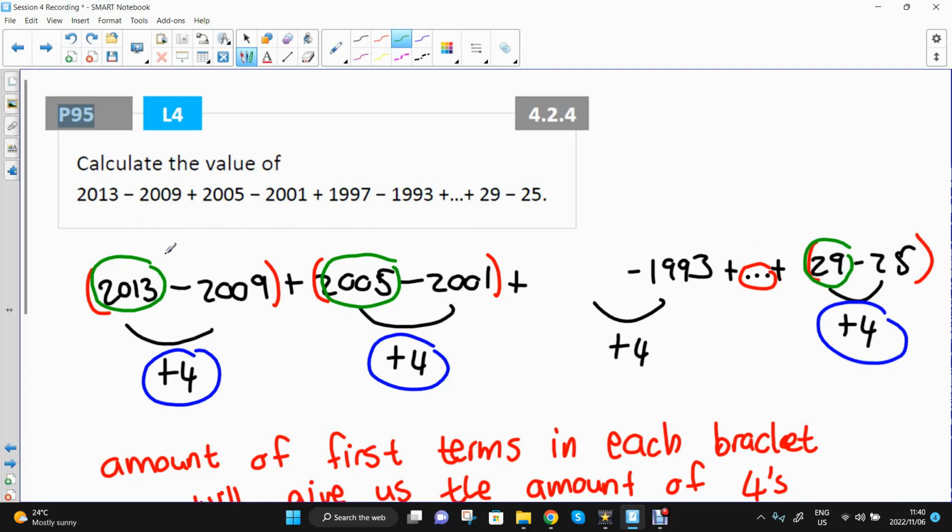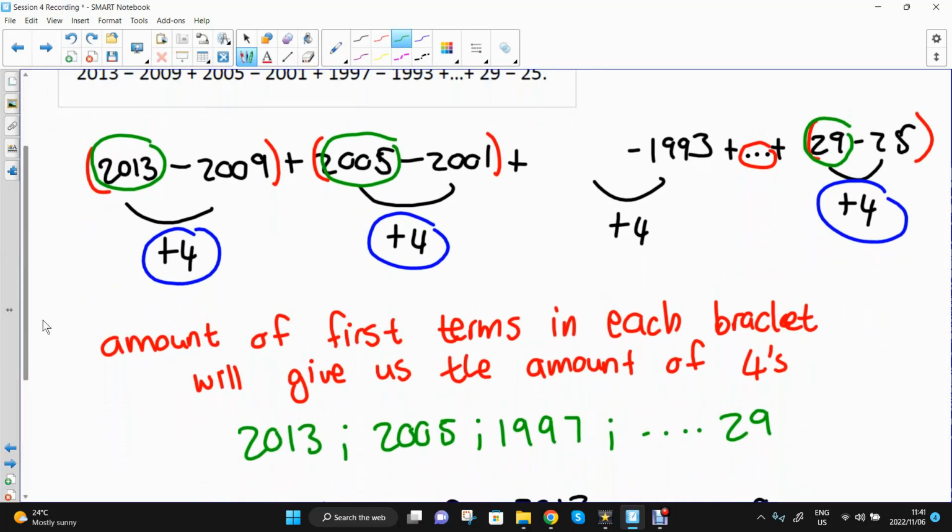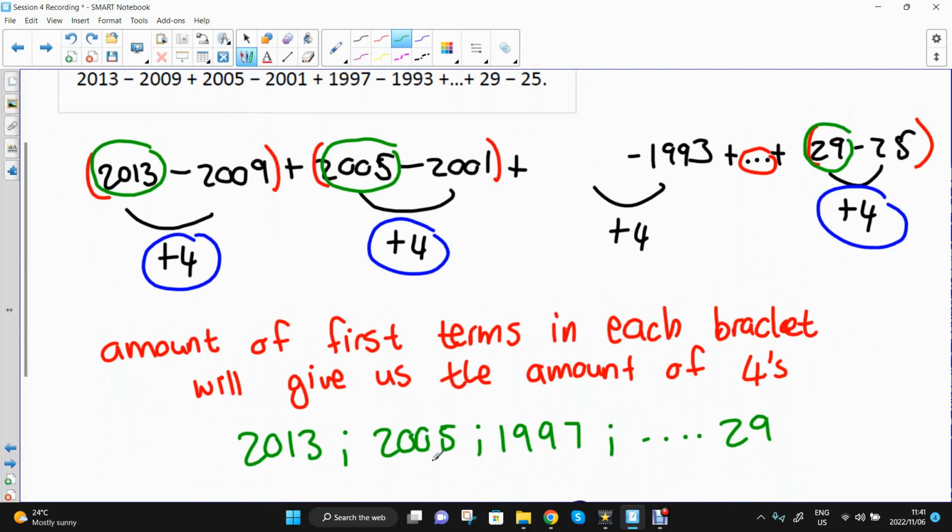And those first terms is actually a sequence by itself. 2013, 2005, 1997, and it ends up with 29. I want to know how many of them are there. How many of these terms do we have?